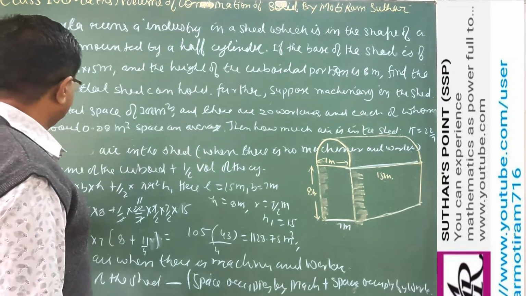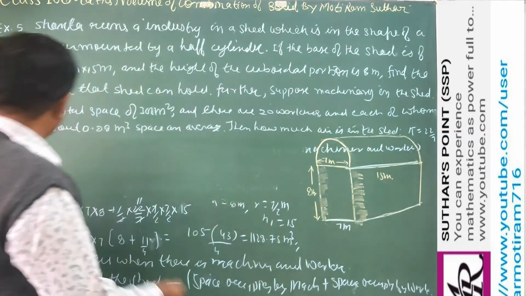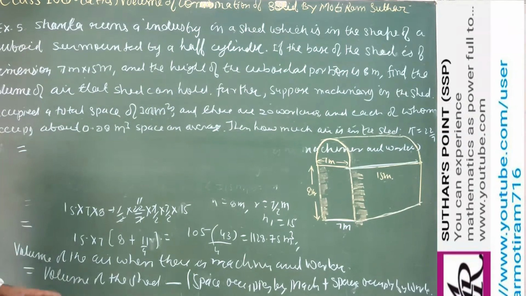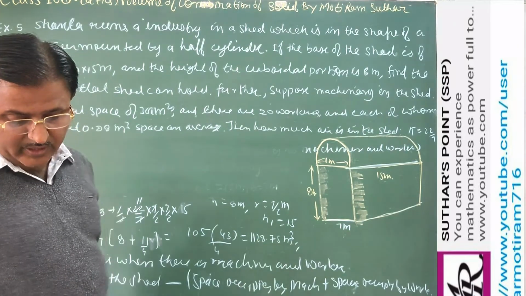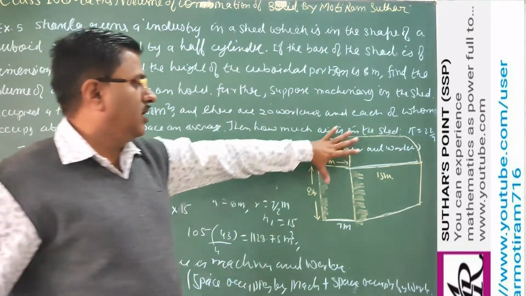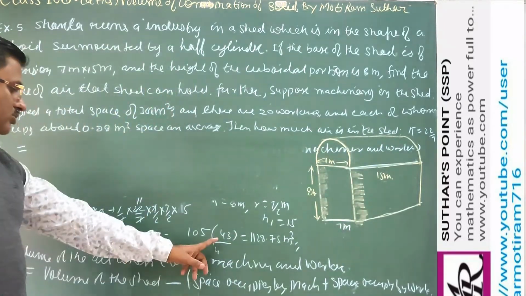So in the solution, the volume of the shed we have already determined is 1128.75. This is the total volume of the shed. So you can use this value again.